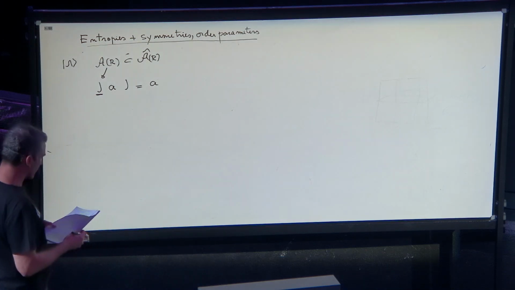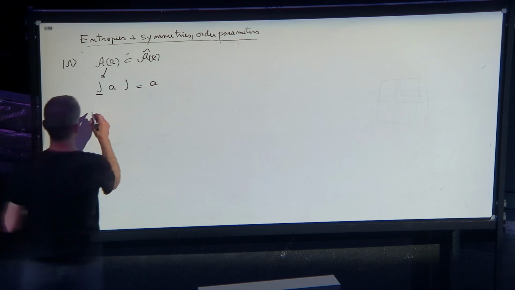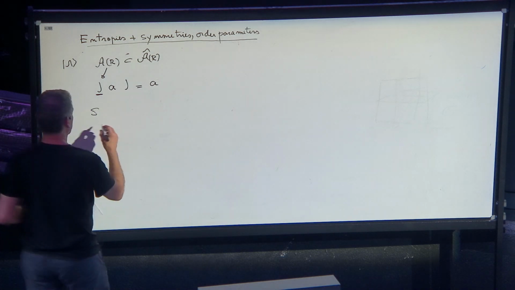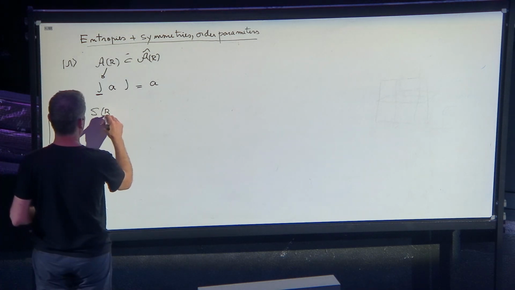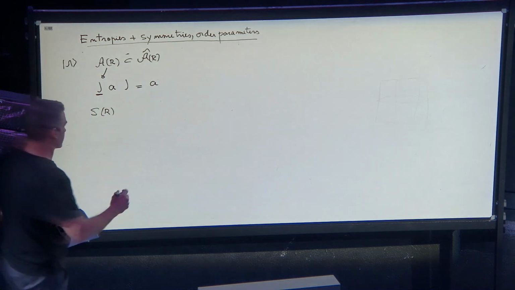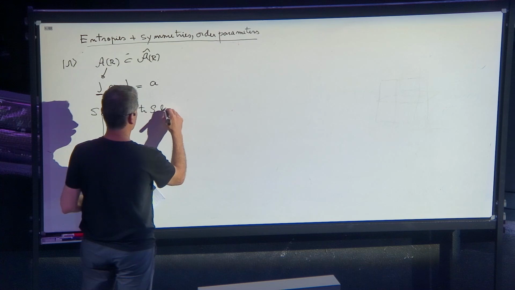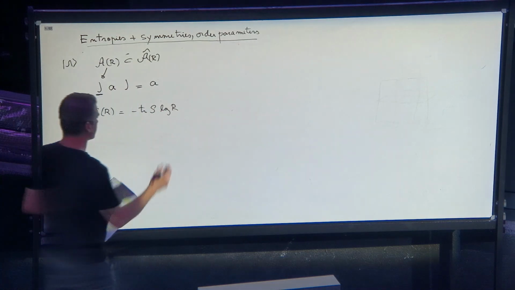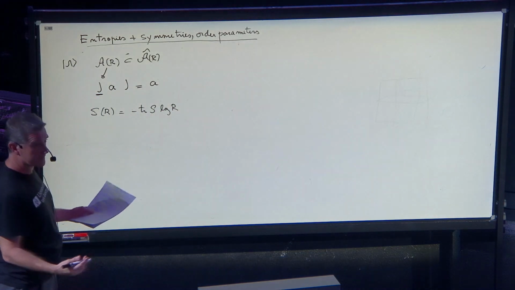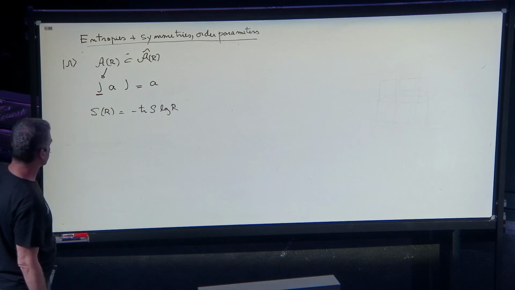So I will talk about entropy. Typically, you will have the entropy of some region R, that is, you make the reduced density matrix rho. But this is usually divergent in quantum field theory. It's not well defined.